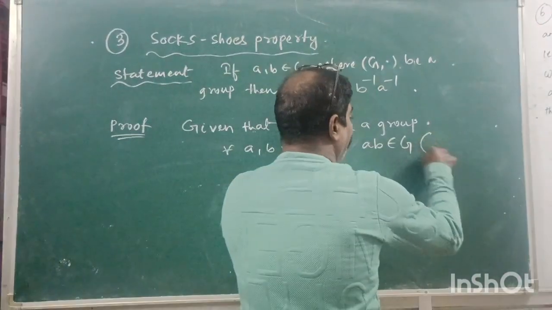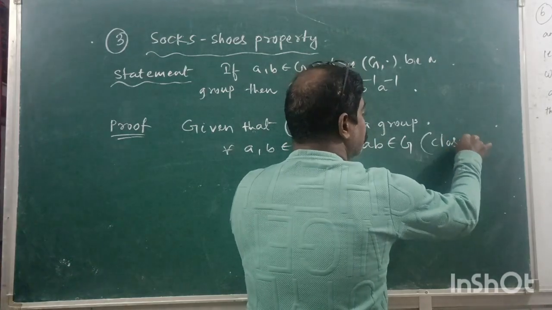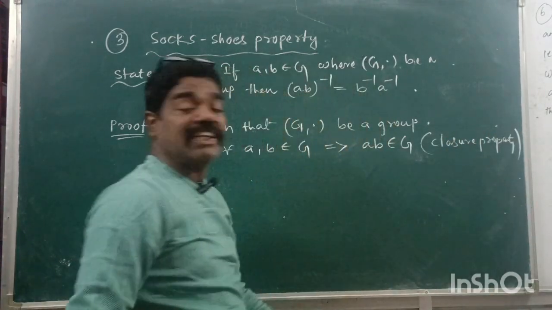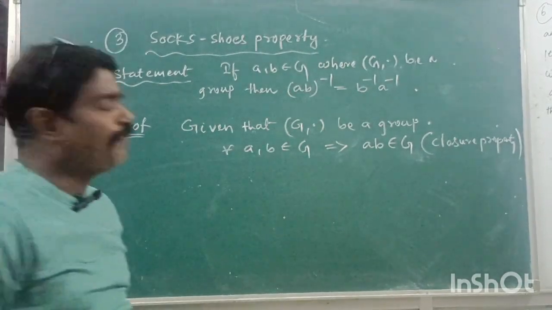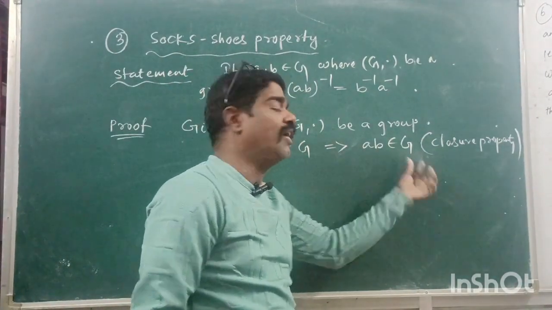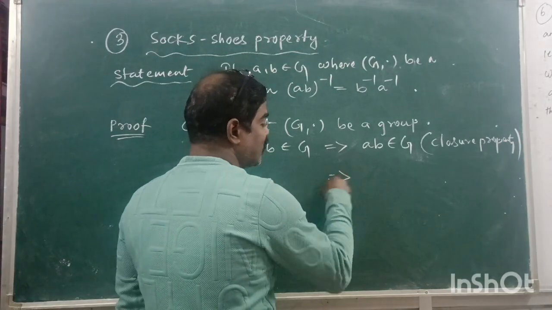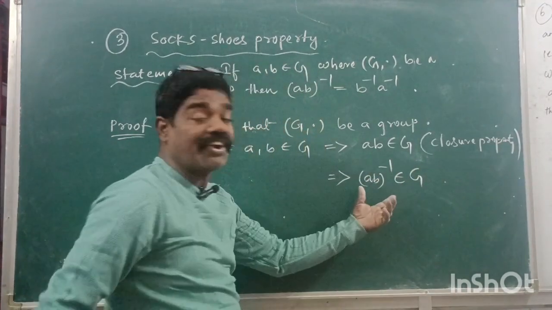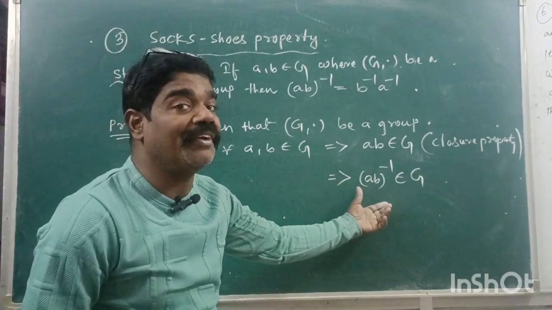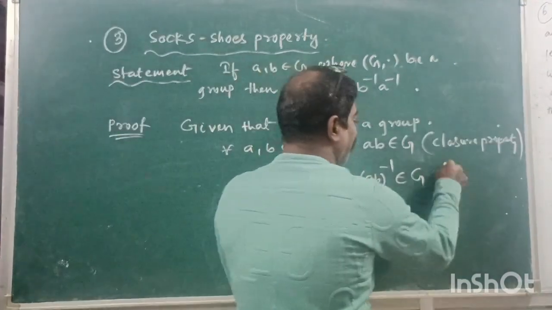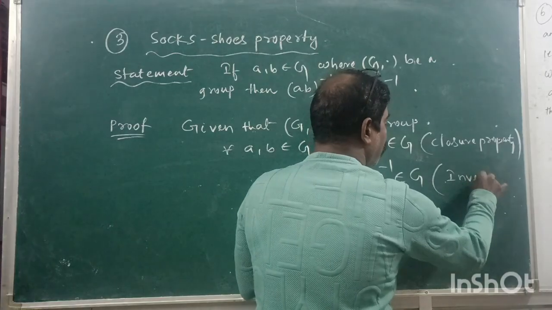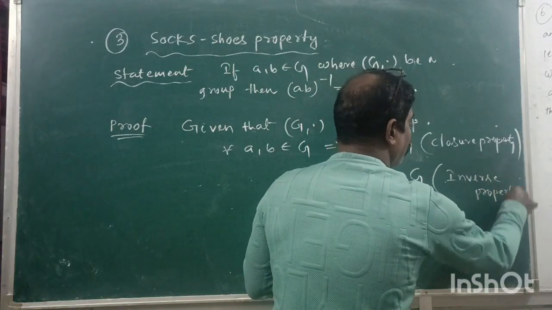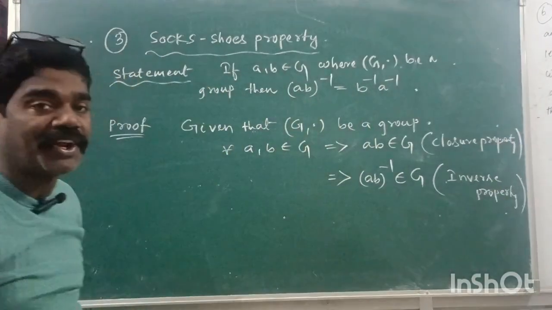Closure property. Have you understand? Fine. If AB is one element belongs to G, this implies (AB) whole inverse also belongs to where? G or not? Which property? Inverse property. That is inverse element. Fine, because G is a group, right or not?